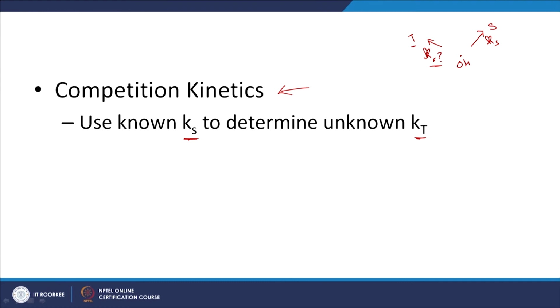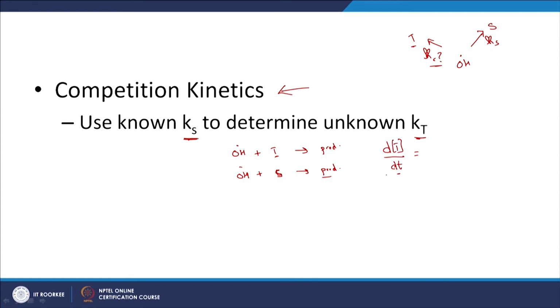So, how do I calculate that? Let us look at that briefly. I have hydroxyl radical plus target going to products, and hydroxyl radical plus scavenger going to products. If I write d[T]/dt, how is the concentration of the target changing with time?